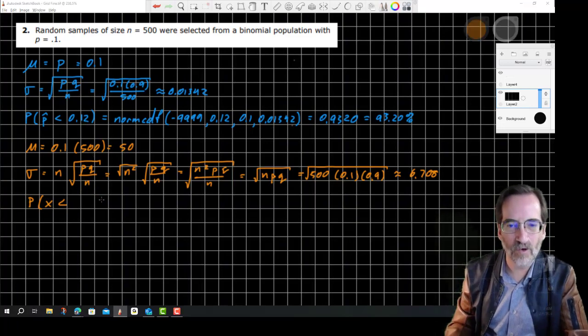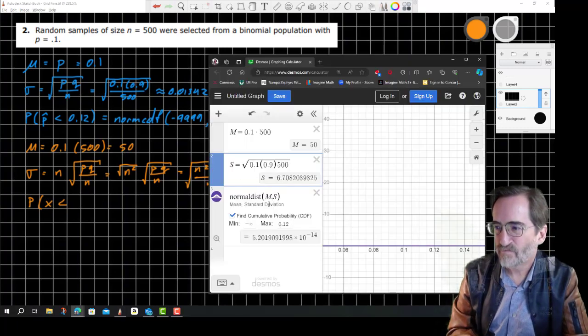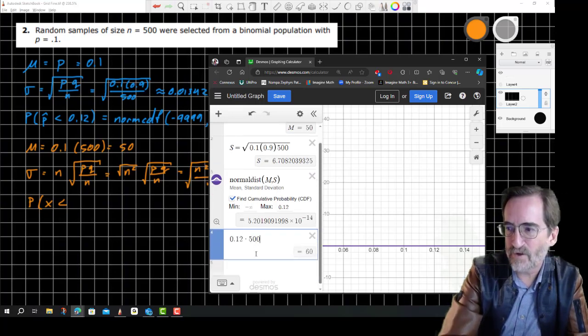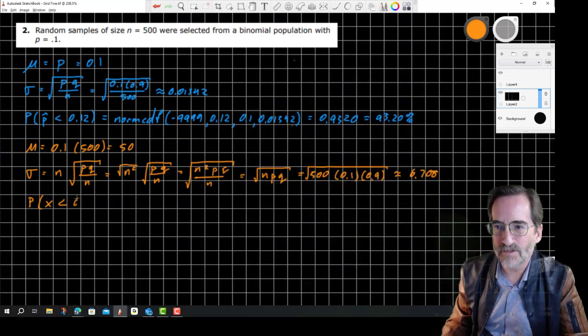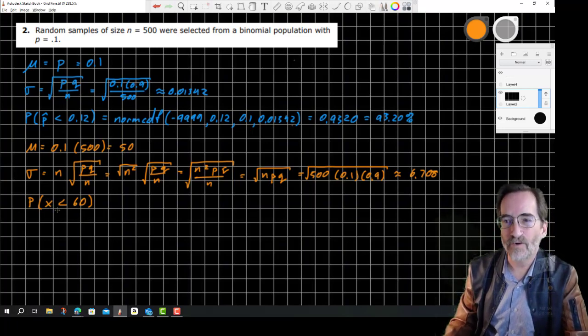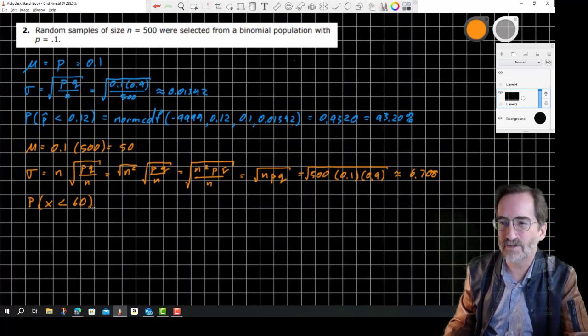So 0.12 times 500 is 60. So what is the probability that x is less than 60? And it's no longer a ratio, it's a sum or a total of all the wins. What is the probability that the total of wins in a given sample of 500 is less than 60?